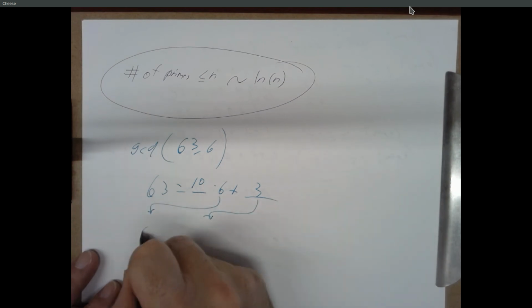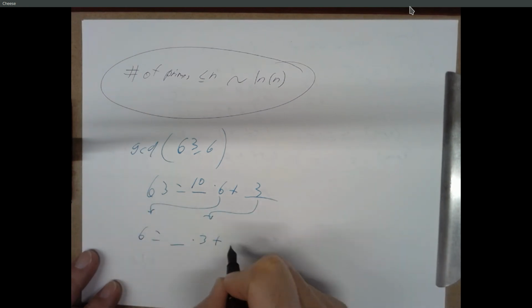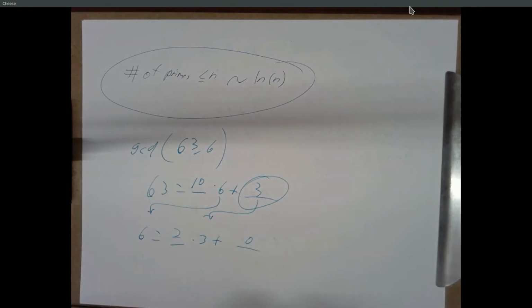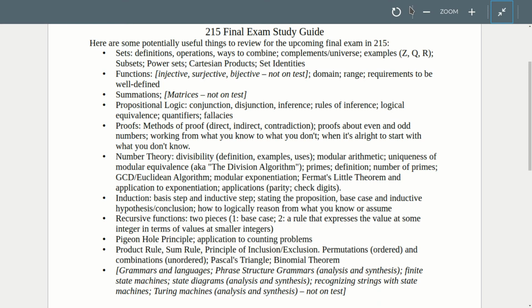And then you bring these down, and 6 equals something times 3 plus something. Well, it's 2 times 3 plus 0. And so your GCD is 3. You've done questions like that, and you did some on the midterm, and people look solid on that.